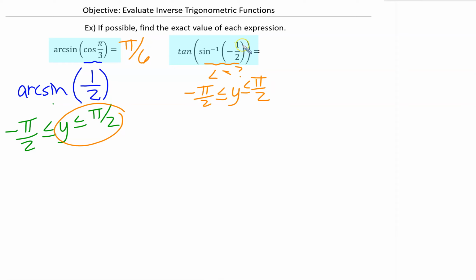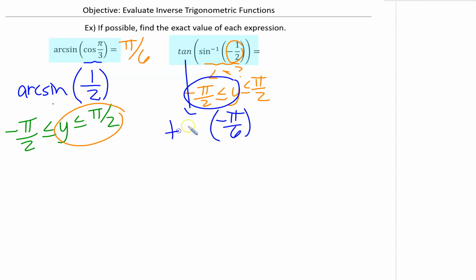So this time our sine ratio is negative, and so we need to know what angle in this fourth quadrant has a sine of negative 1/2, and that would be negative pi 6. So this becomes negative pi 6.